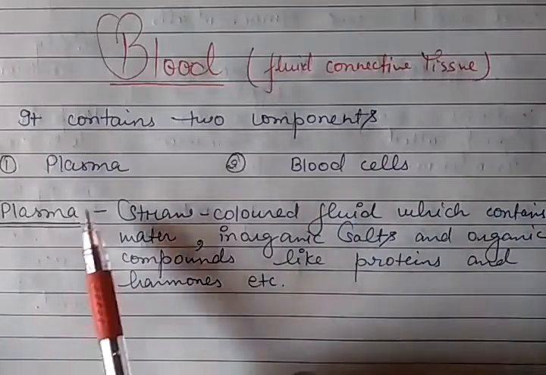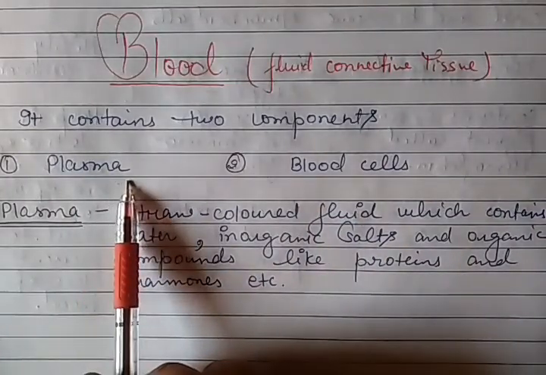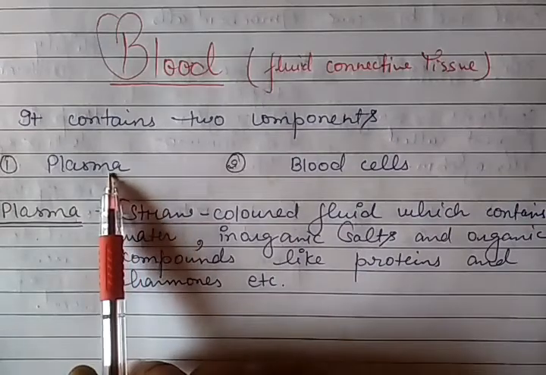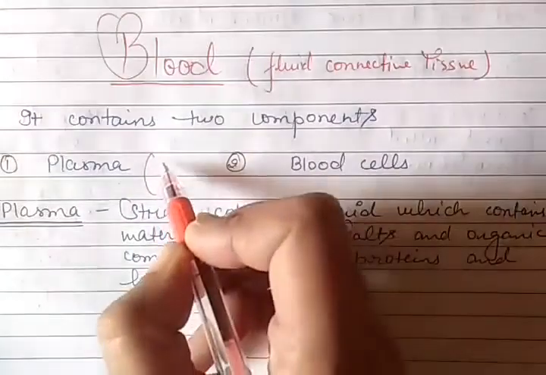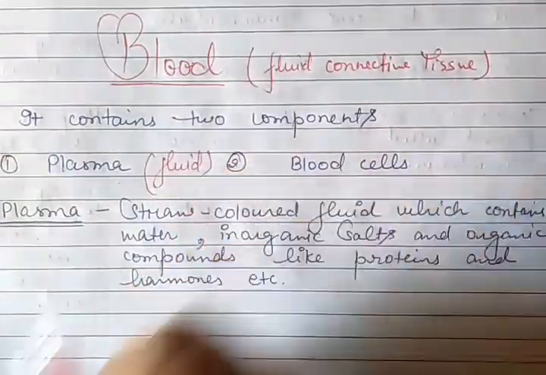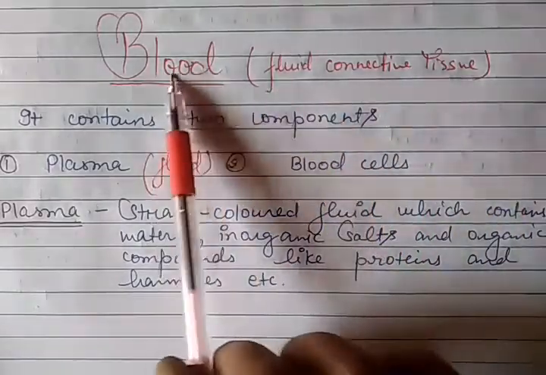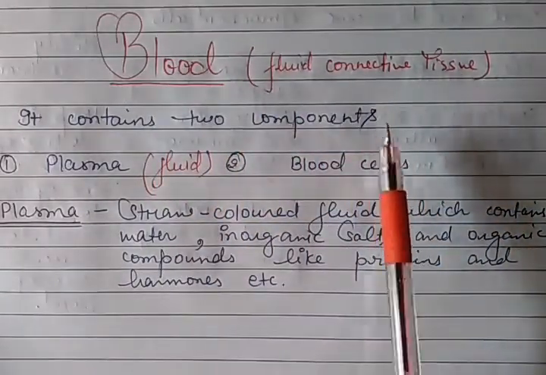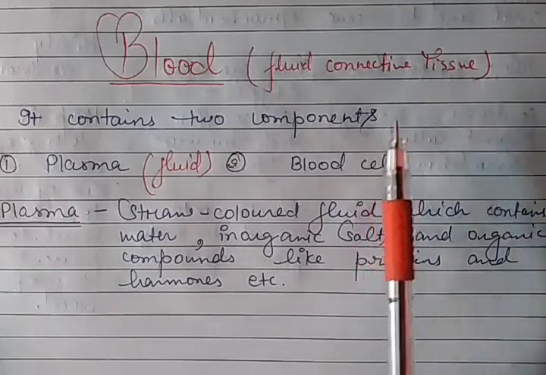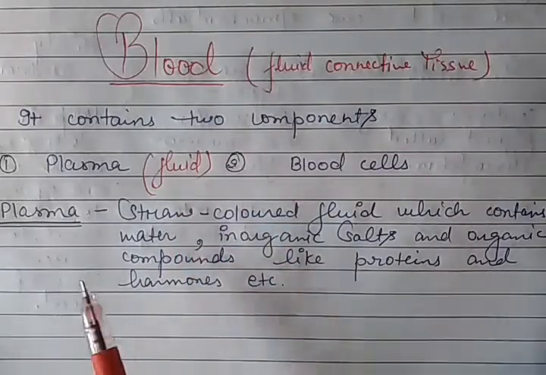This plasma, which is the matrix of the fluid connective tissue of blood, is in the form of fluid, and that's why blood is known as fluid connective tissue, because the matrix present in the blood is in the form of fluid.